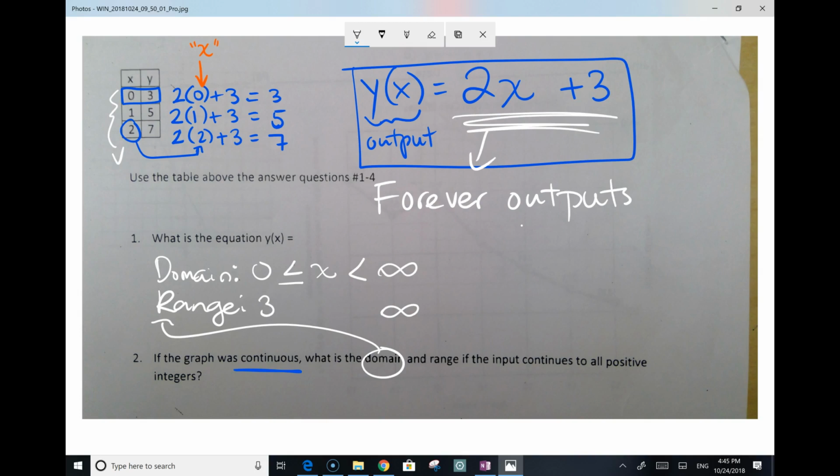So I also have infinity there. Range is about y. The value of 3 is a valid number in our data table, so we use less than or equal to, but infinity is elusive, so we put less than, because you cannot actually be equal to infinity. And that's the answer for number 2.